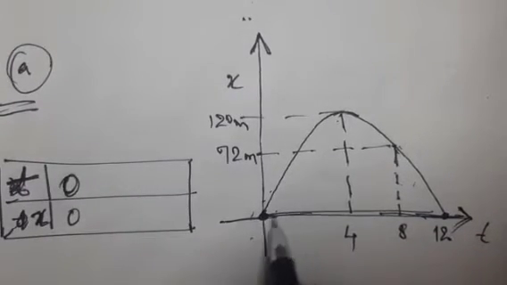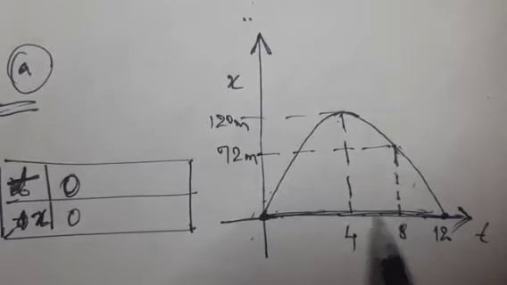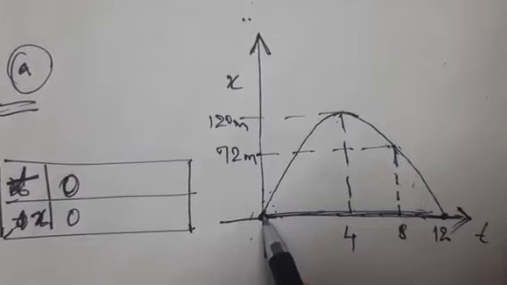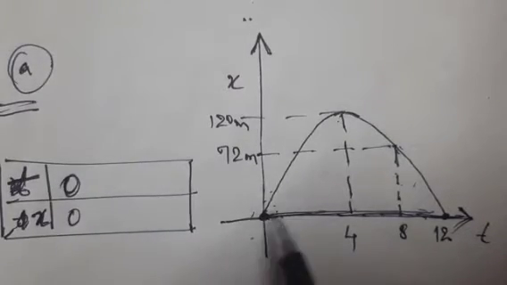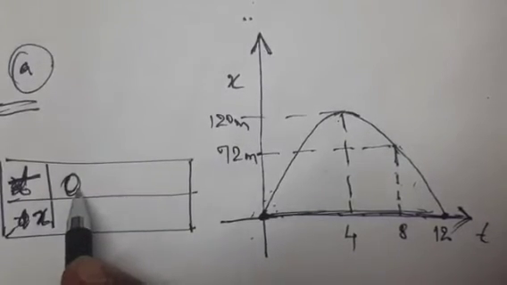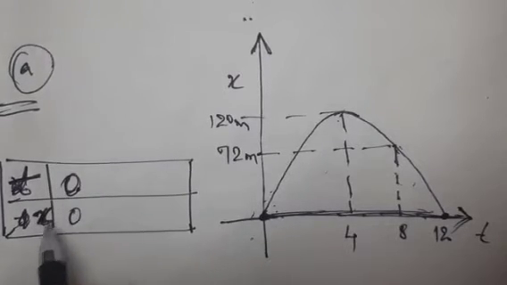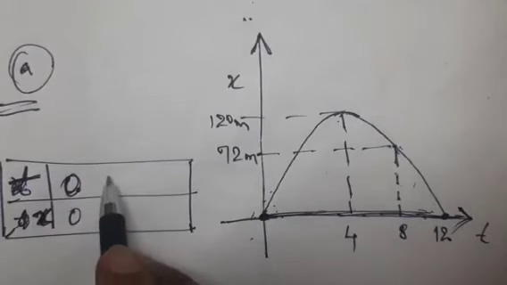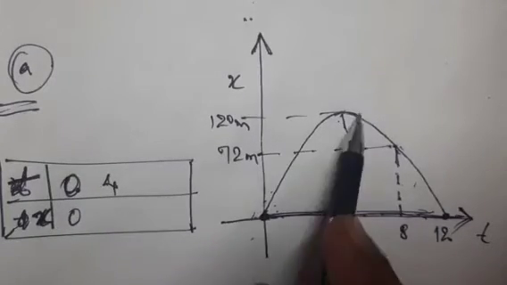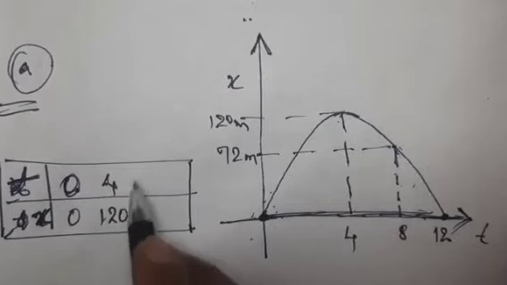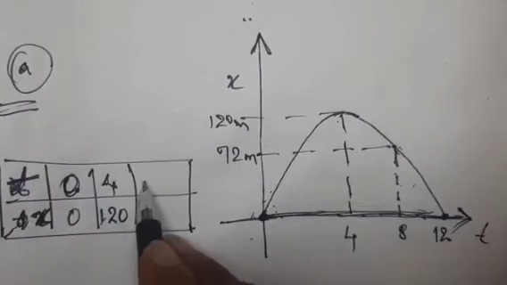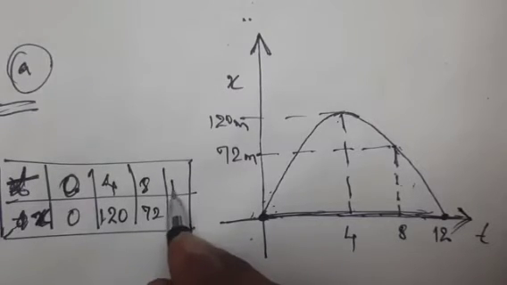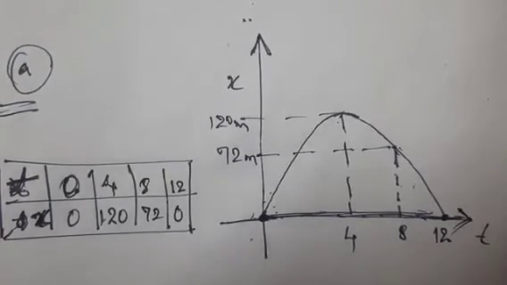The particle is lying on the ground itself. The explosion began and it started rising vertically upwards, but at the start of the explosion, when time was 0, its displacement in the vertical direction was also 0. At the end of 4 seconds, it achieved the height of 120 meters. So it will be written like this. Then at the end of 8 seconds, it is 72 meters, and at the end of 12 seconds, it is 0.